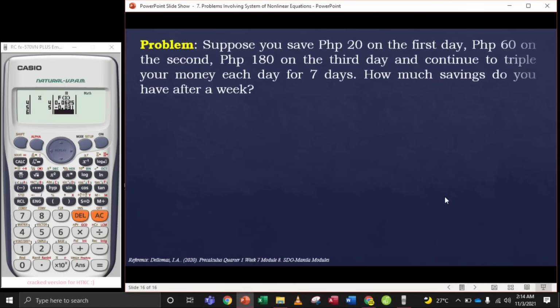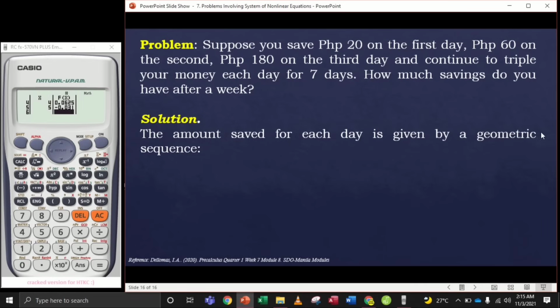Okay, last. Problem solving. Suppose you save 20 pesos on the first day, 60 pesos on the second day, and 180 pesos on the third day, and continue to triple your money each day for 7 days. So, how much saving do you have after a week? Okay, first, the amount saved for each day is given by a geometric sequence.